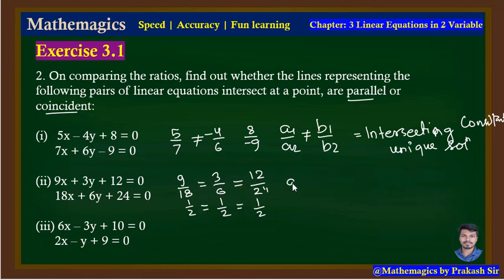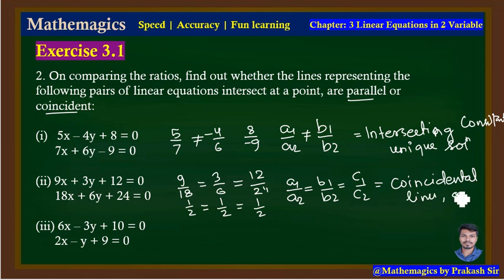It means here a1 by a2 is equal to b1 by b2 is equal to c1 by c2. And dear friends, in the earlier condition, we already learned that when all three ratios are the same, then it is a coincident line. Coincident lines have infinite solutions because all the points on these lines are solutions.